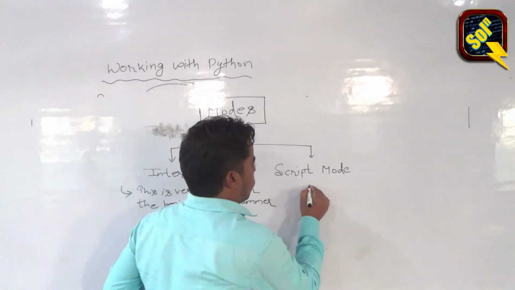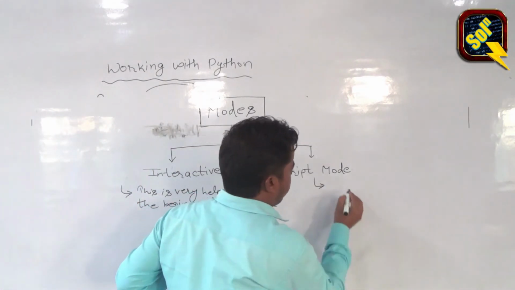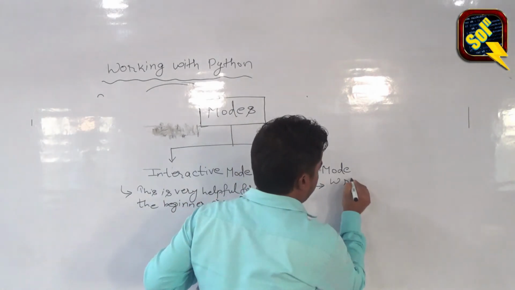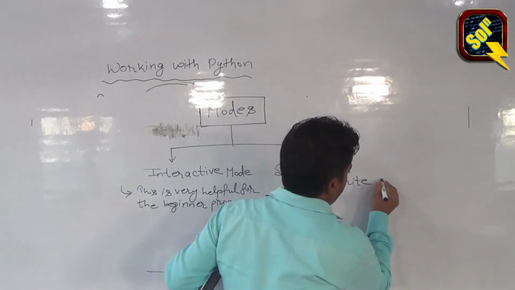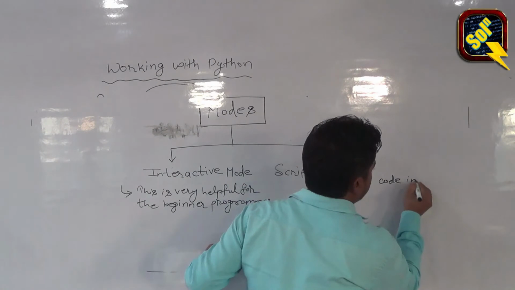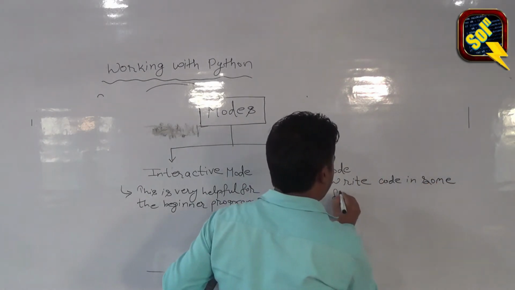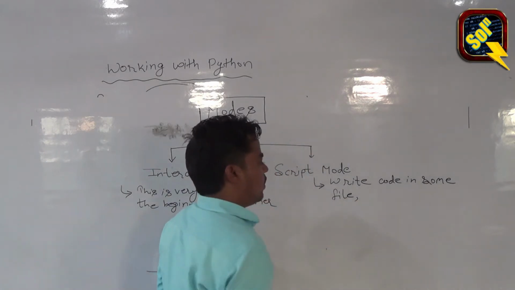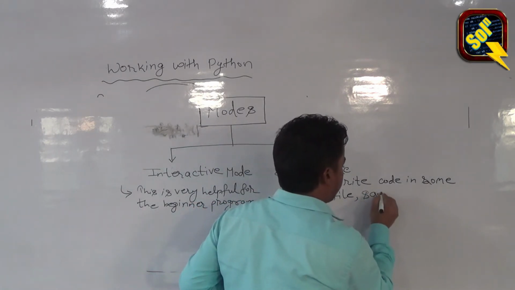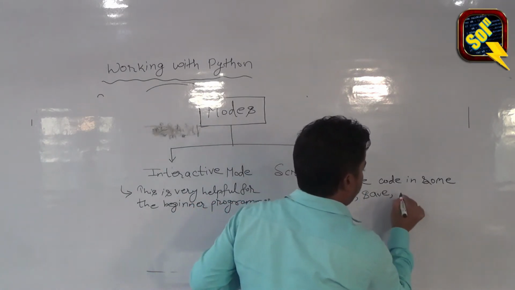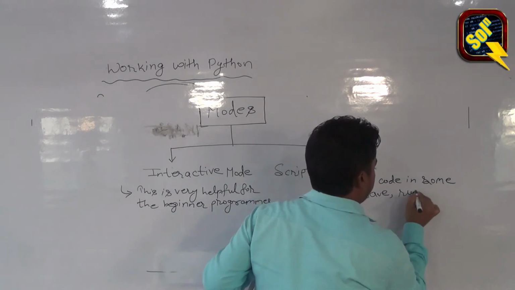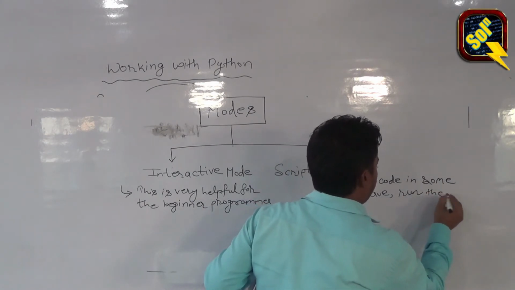But in the script mode, we need to write the code in some file, then we need to save it, then finally we need to run the program, or you can say code.